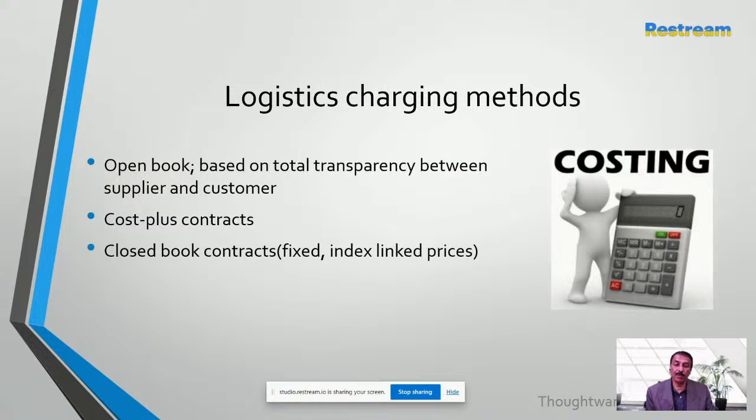Or closed book contract, here mostly we use a fixed level. For example, if I am going to handle 100 pallets for a customer, I am going to say a certain price, like 100k dollars per month, if the load is, for example, 100 pallets per day. So that's called closed book contract. Or it could be a hybrid also.